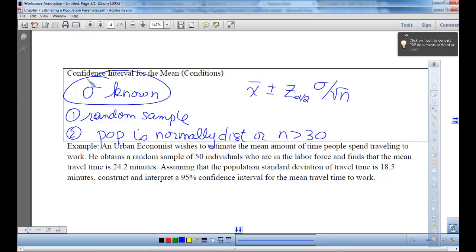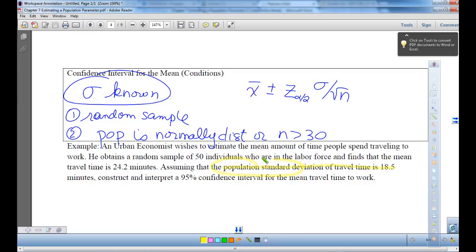That's the cue for me, because I need to know whether the standard deviation given to me is from a population or from a sample. But here, if it's from a population, it's going to say that clearly. Population standard deviation. So, assuming the population standard deviation of travel time is 18.5 minutes, construct and interpret a 95% confidence interval for the mean travel time to work.